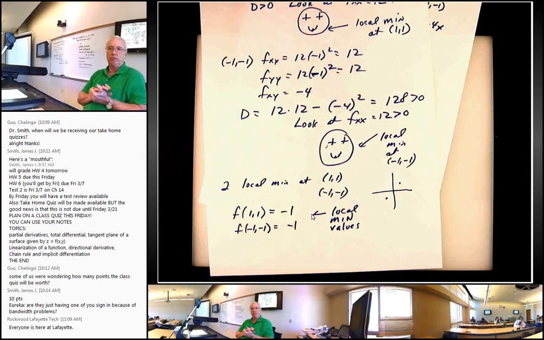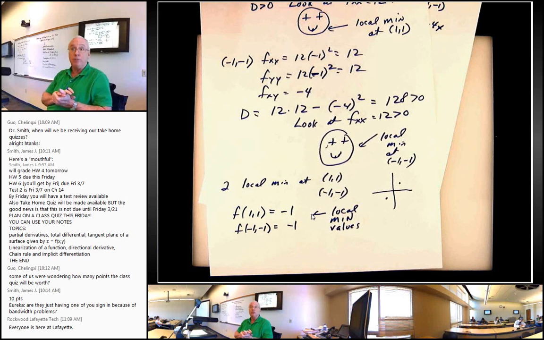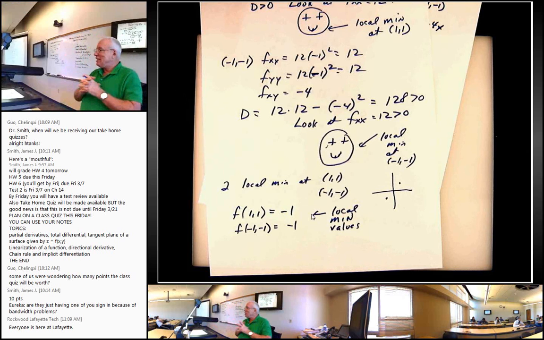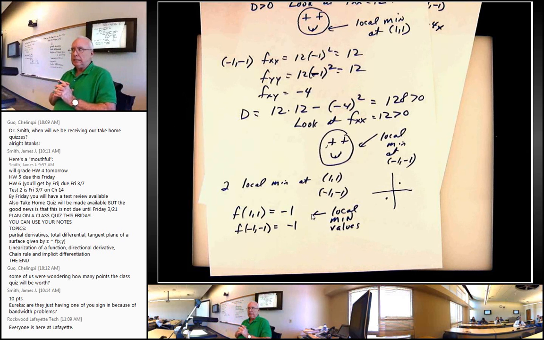Going back to the original function and plug those in. All right. Question on that one. I said the tricky part can be you doing the algebra to get the critical points. The rest of it is pretty much mechanical.